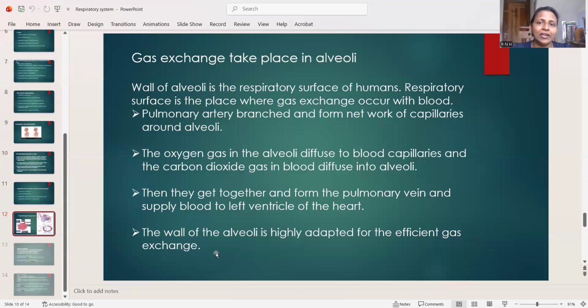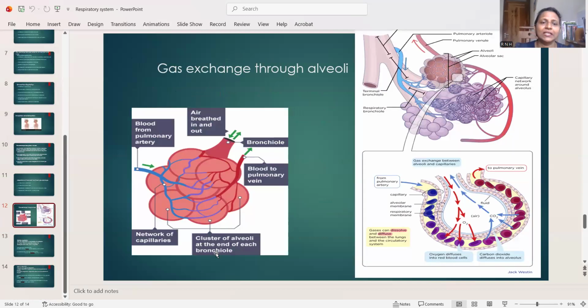So in this diagram, you can see it clearly. This is the pulmonary artery with the deoxygenated blood. This pulmonary artery is here.